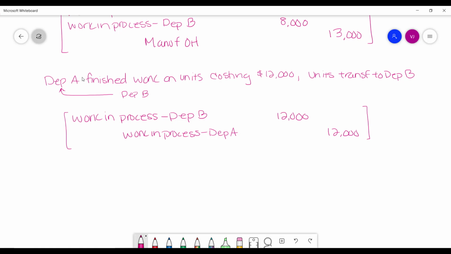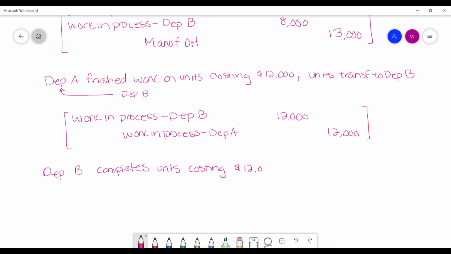So let's assume there's only Department A and Department B. What happens then when Department B completes all of those units? Let's just say units costing a total of $20,000.